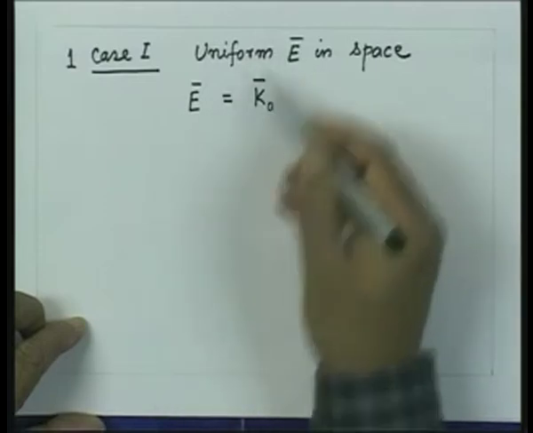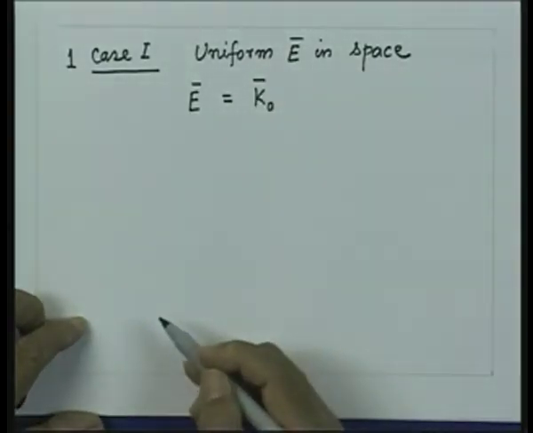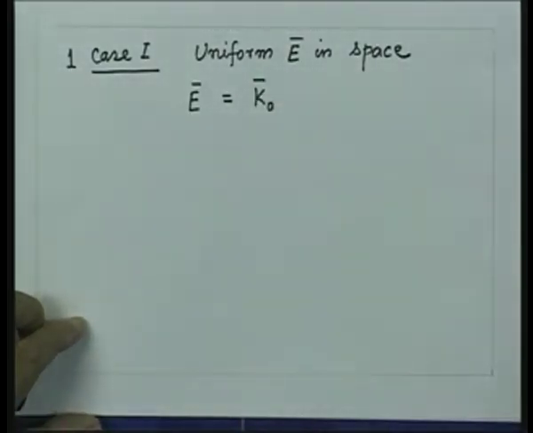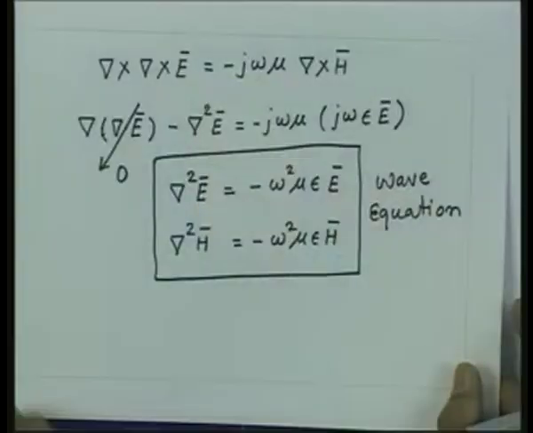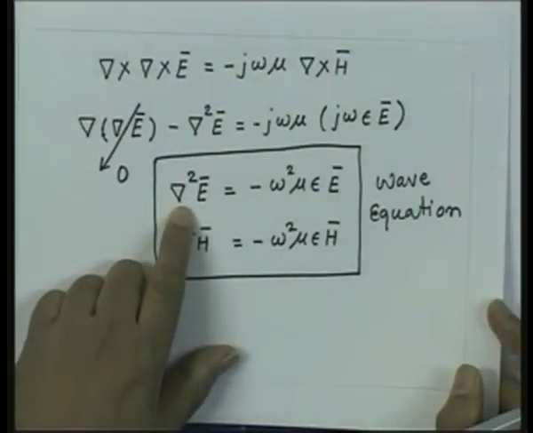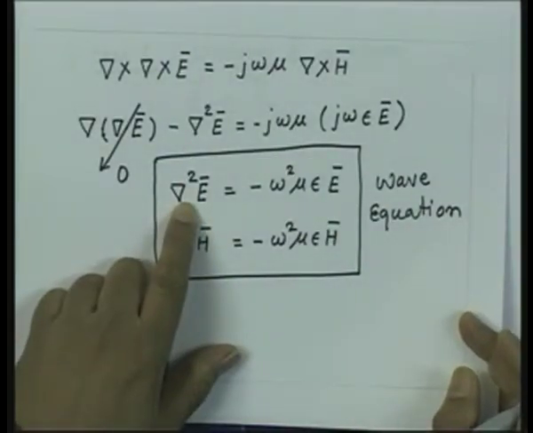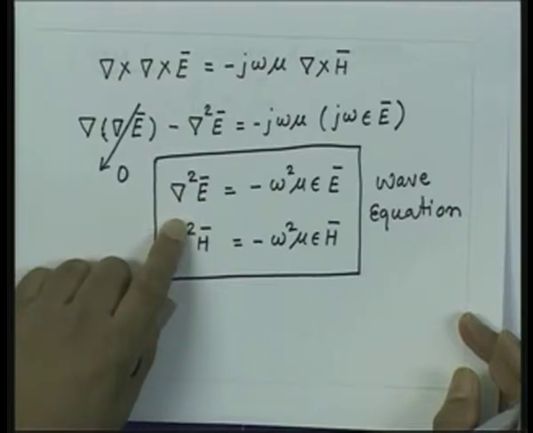If this solution is consistent with the Maxwell's equations, it must satisfy the wave equation which you have derived. So, I can substitute for E equal to constant in this equation. Since E is constant, its del square is 0, these are second space derivatives.